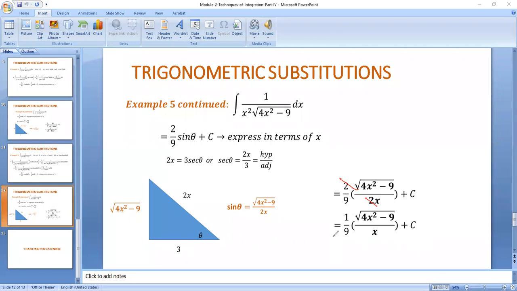Okay, so the 3 examples that were given you already covered the 3 different manner of substitution. One for the sine, one for the tangent, and one for the secant. So you use it whenever your integral cannot be processed using the formulas of inverse trigonometric functions or inverse hyperbolic functions.